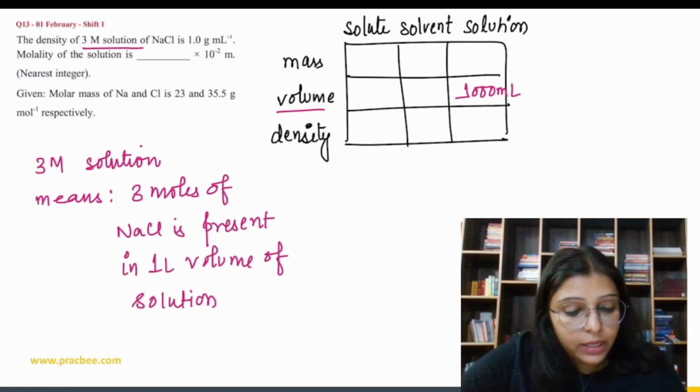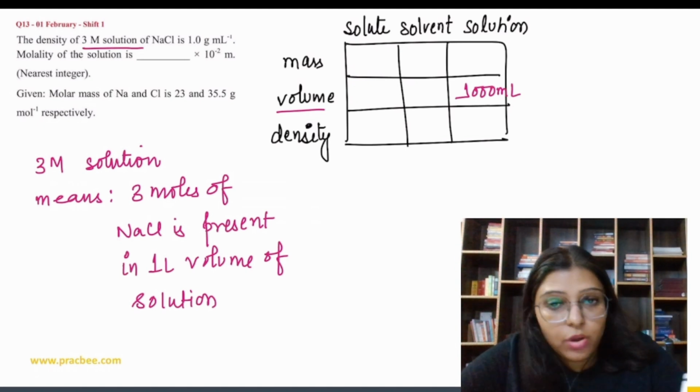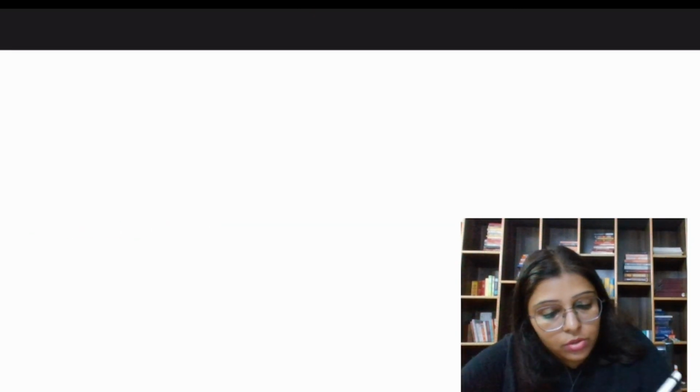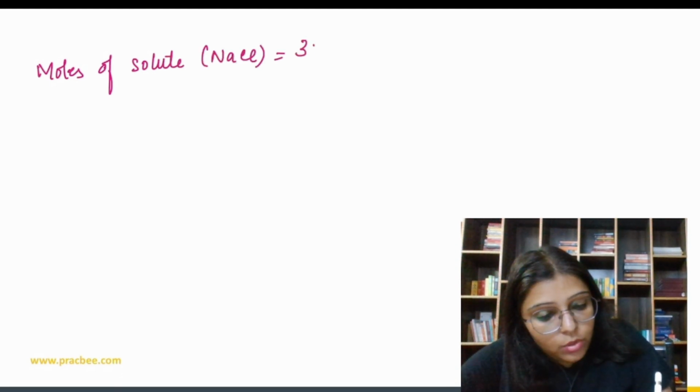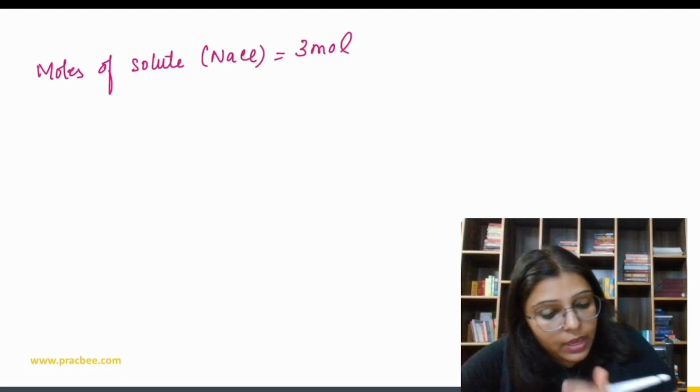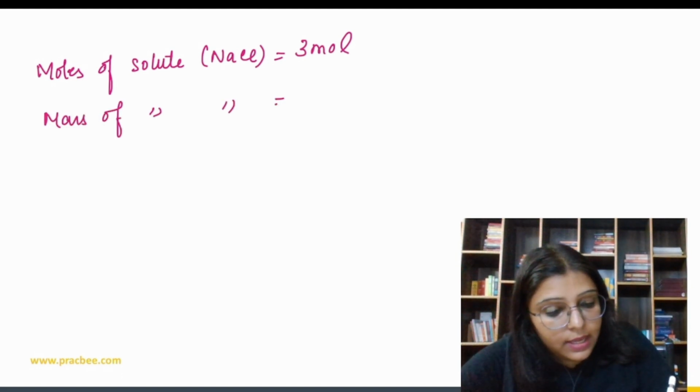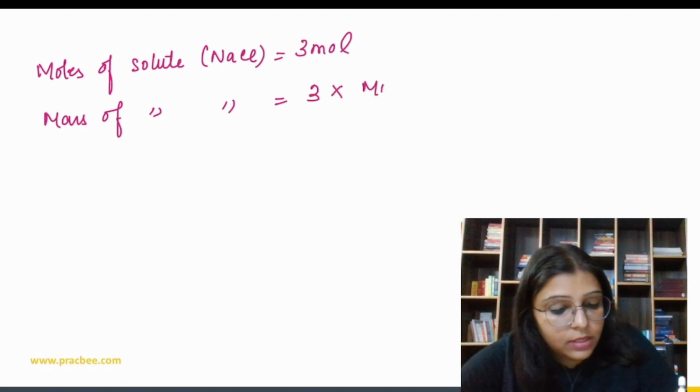Now the next part, we have to find out the mass of solute. The moles of solute, which is NaCl, is equal to 3 mole. So the mass of solute NaCl is 3 into the molar mass of NaCl.